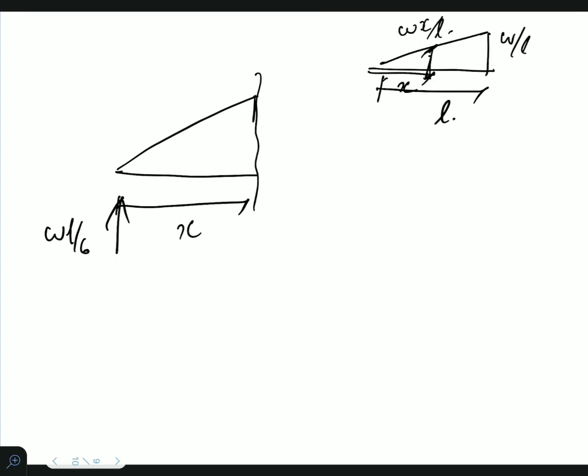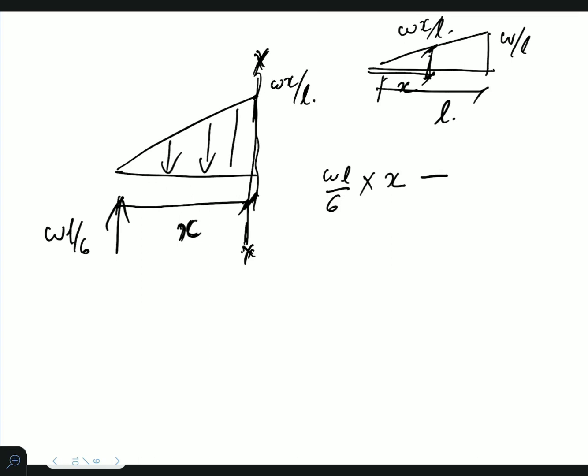Now we have to find the total moment at this section. Let us name it as section x. So the moment here will be WL by 6 into perpendicular distance x minus, see the load will be like this. So we are taking this direction, here the direction is like this, here it is opposite. So minus Wx by L.